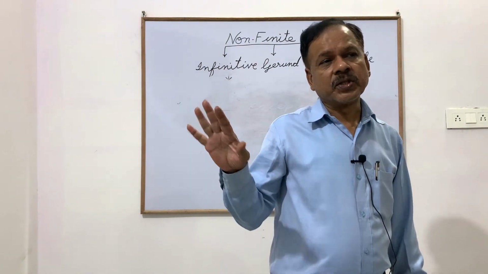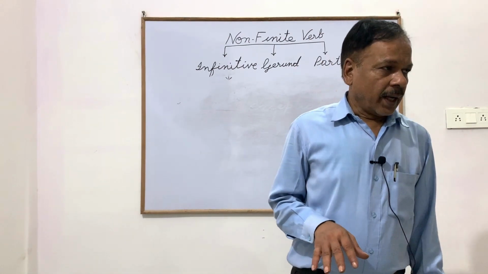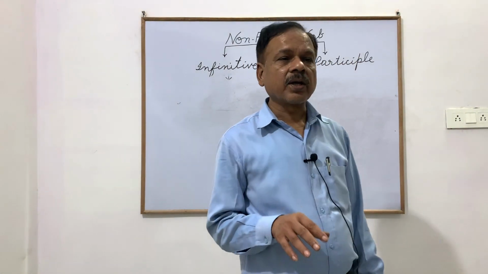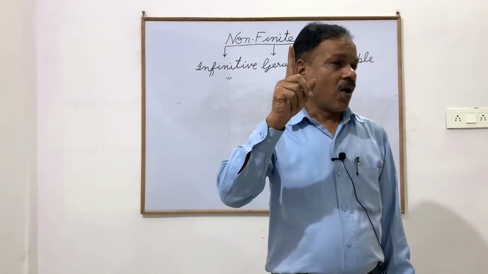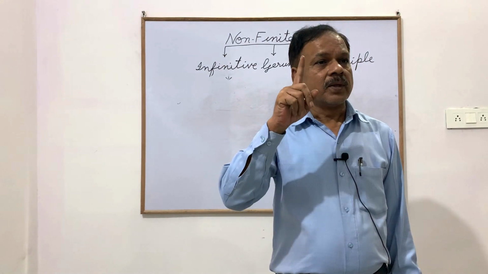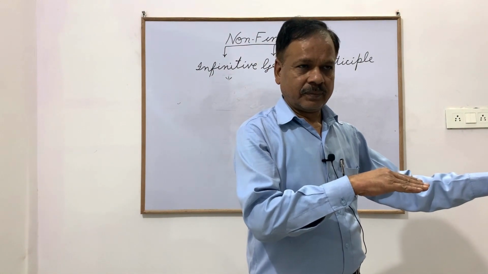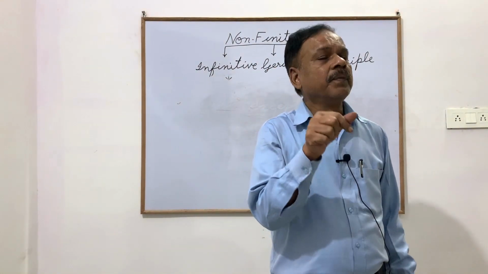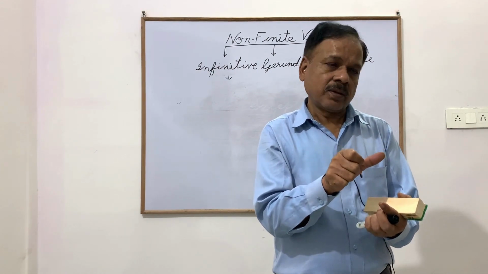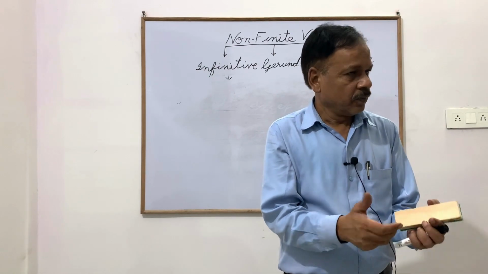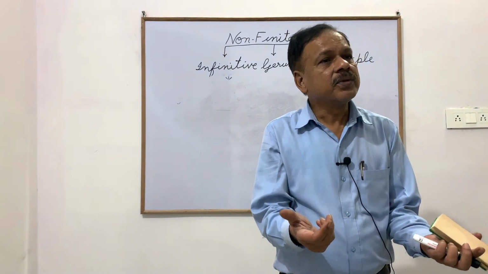So don't get confused by these terms used by different authors. And there is a great confusion between the recognition of a participle, a gerund, and a finite verb with ing. So we have got three forms with ing in base form of verb. That is for present participle also, for continuous tense, finite verb also, and for gerunds also.